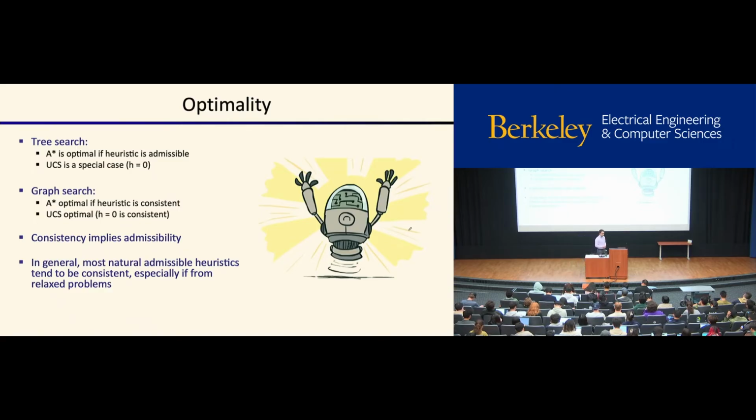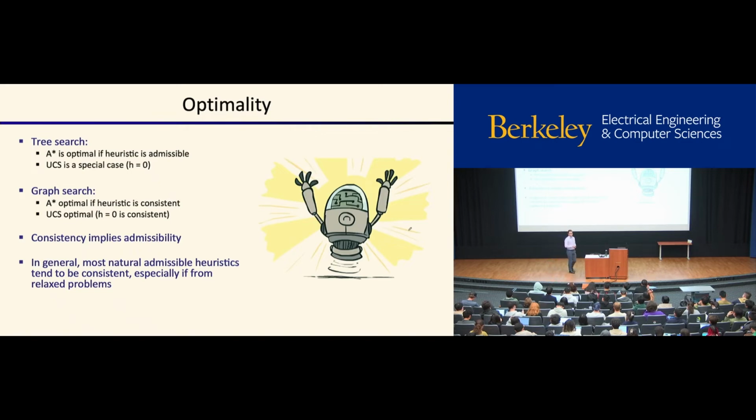So that's great. Also, consistency implies admissibility because in order to be admissible, you just need to underestimate the cost of the arc from the node you're at all the way to the goal. For it to be consistent, you need to underestimate the cost of every arc. So obviously you have to be admissible if you're consistent.